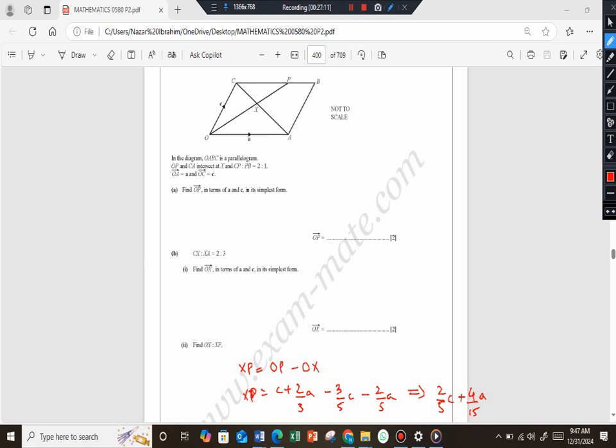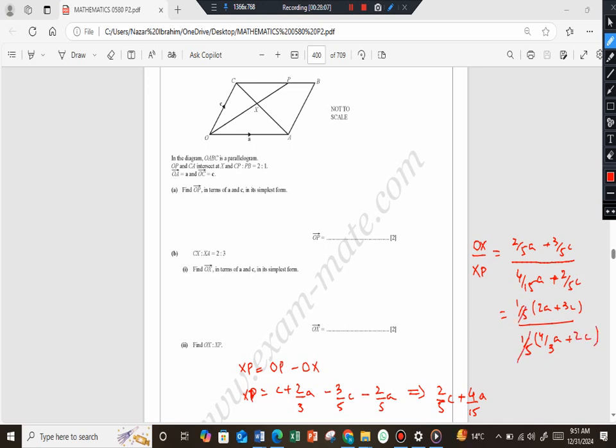Now I have got XP and OX, so using these two values for the ratio: OX upon XP is equal to 2 upon 5A plus 3 upon 5C over 4 upon 15A plus 2 upon 5C. In the numerator 1 upon 5 is common, so I get 2A plus 3C, and in the denominator 1 upon 5 is common too, so I can cancel it out, giving 4 upon 3A plus 2C.